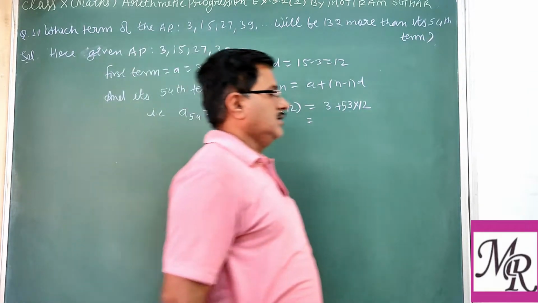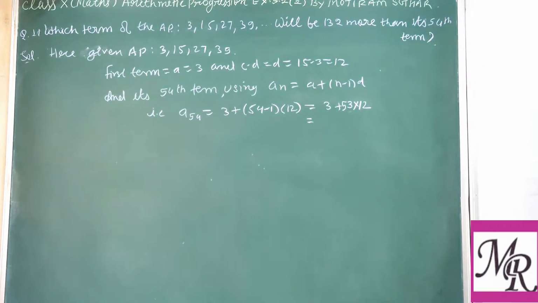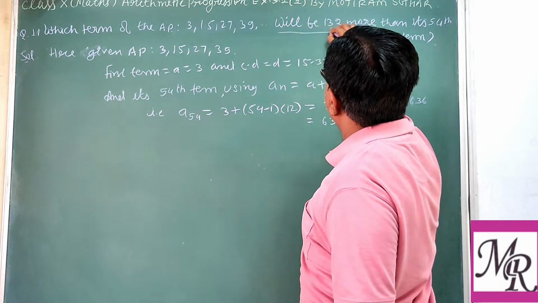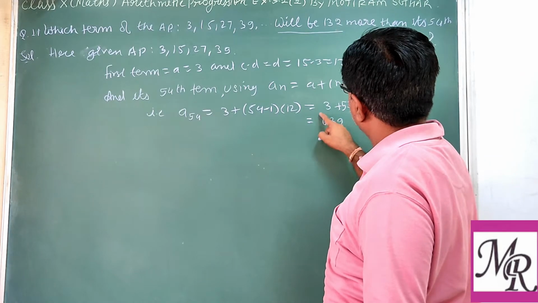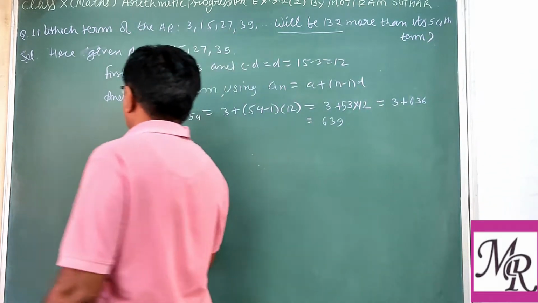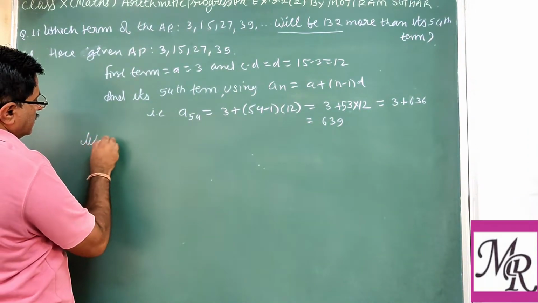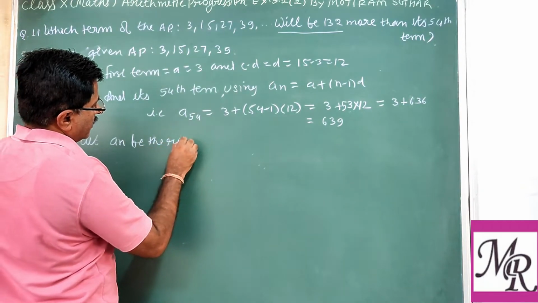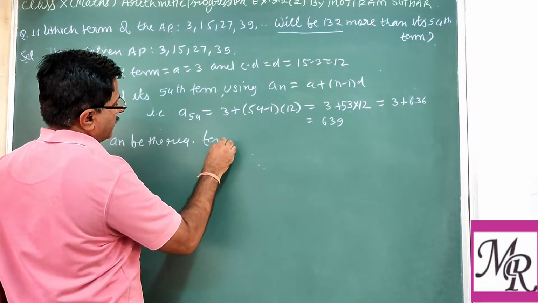So this is the 54th term of the AP. The 54th term is 639. Now which term is 132 more than this number? Let An be the required term.